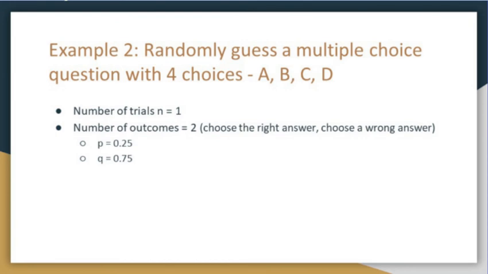There's 4 answer choices, A, B, C, or D. But your answer that you pick is either right or wrong. So in this case, there are only 2 outcomes. Either you pick a right answer or you pick a wrong answer. Okay, and so P and Q here, the probability of me choosing a right answer would be 0.25, or 1 out of 4. And the probability of me choosing a wrong answer would be 3 out of 4, or 0.75.